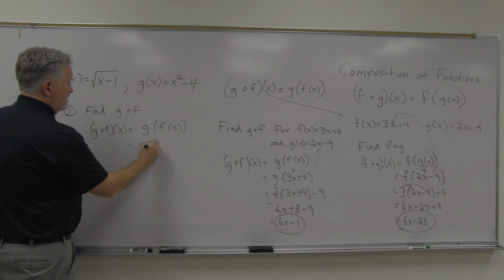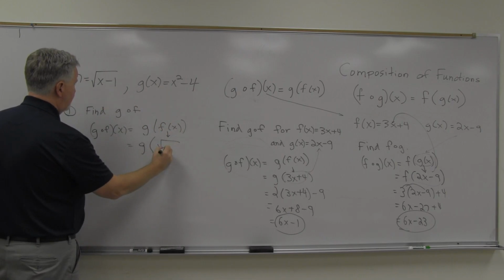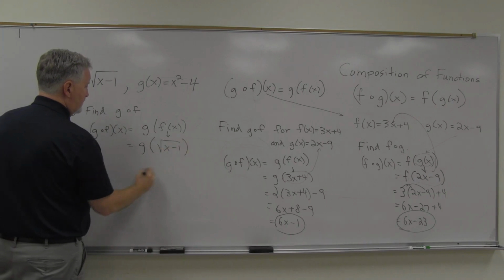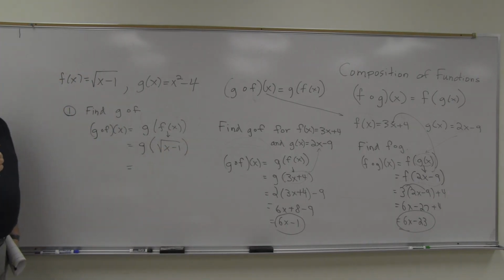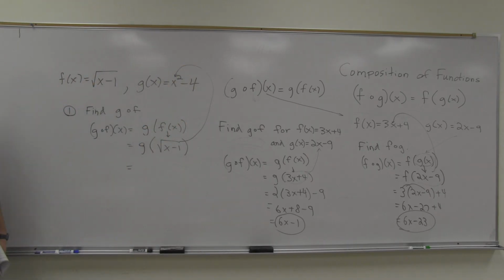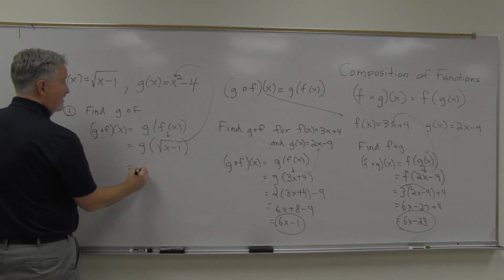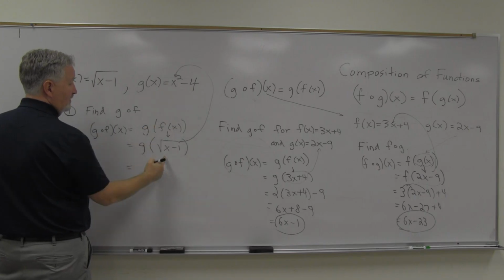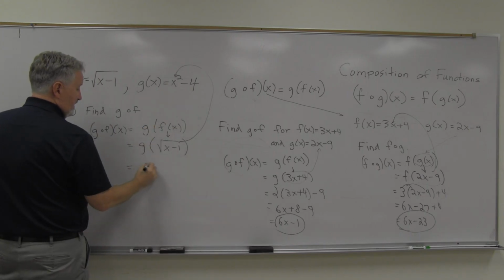All right, so that's g of f of x, so replace the f of x by the square root of x minus 1. And that works out really nicely because now we're plugging x minus 1 in the g, right? So what happens there? You've got x squared, so we replace x by the square root of x minus 1.